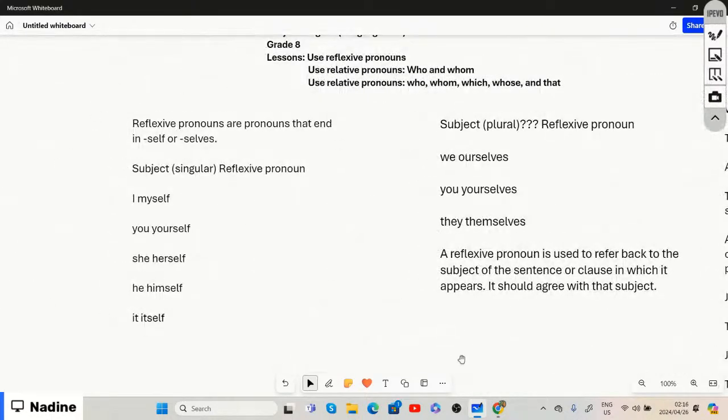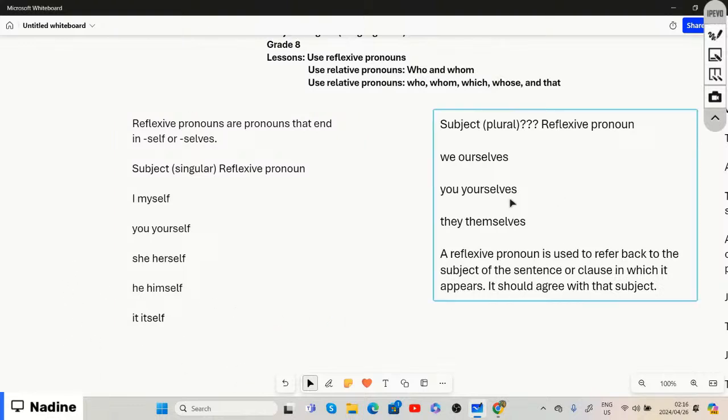So once again, a reflexive pronoun is used to refer back to the subject of the sentence or clause in which it appears. It should agree with the subject. For example, myself should agree with I. Yourself should agree with you. Herself should agree with she. Himself with he. Itself with it.